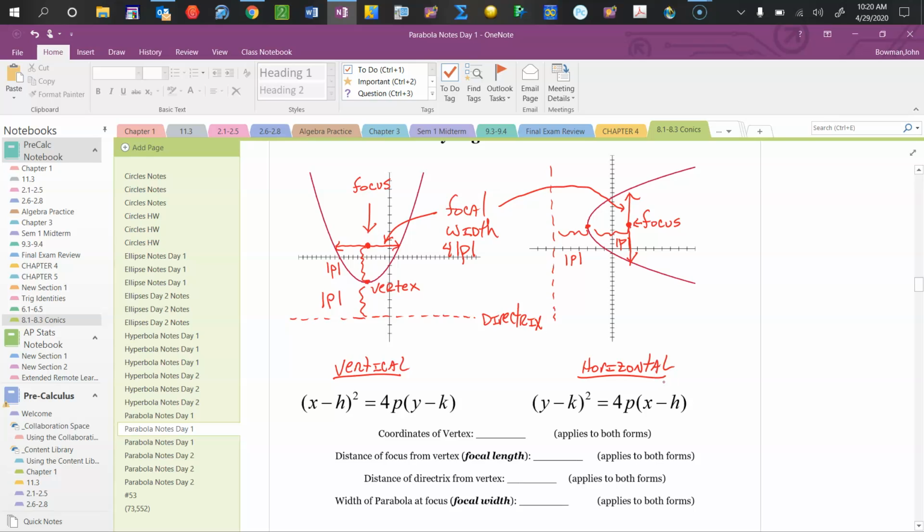The first thing that we can tell is that the coordinates of the vertex, we'll call that V, are (h, k). We can tell that the distance of the focus from the vertex, the focal length it's often called, is equal to the absolute value of p. The distance from the directrix to the vertex is also equal to the absolute value of p. And the width of the parabola at the focus is 4 times the absolute value of p, which will help us graph the parabola.